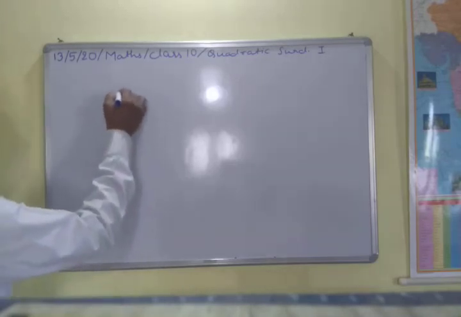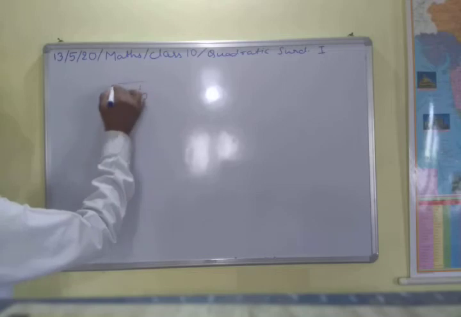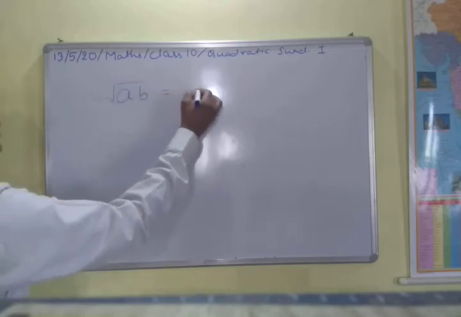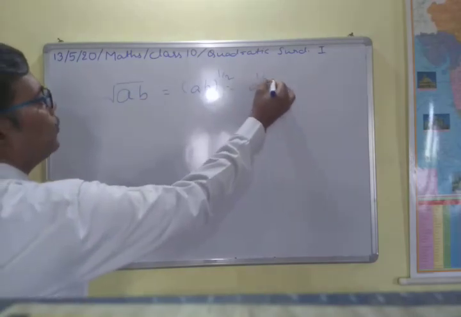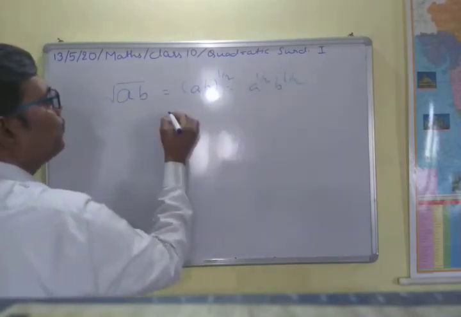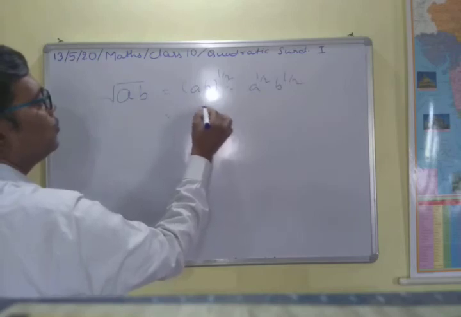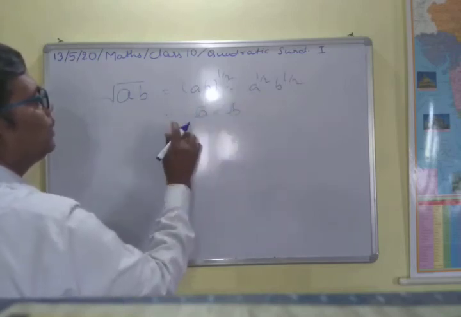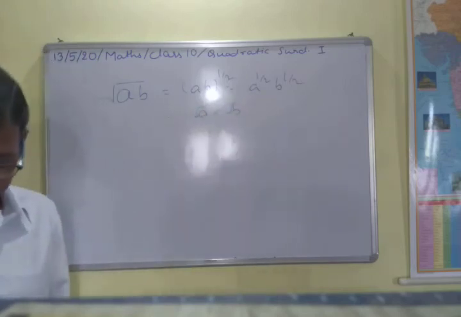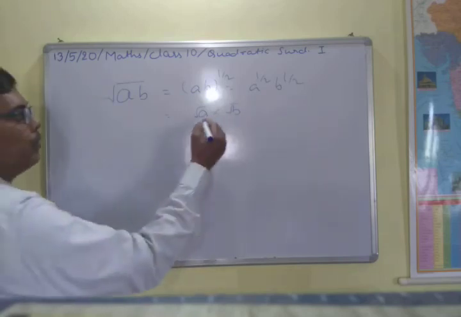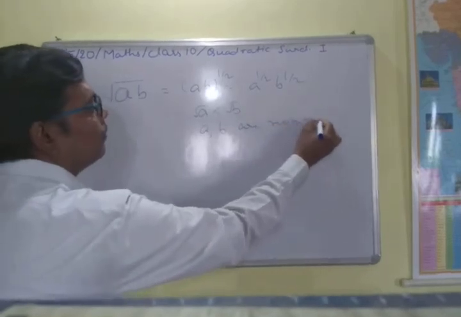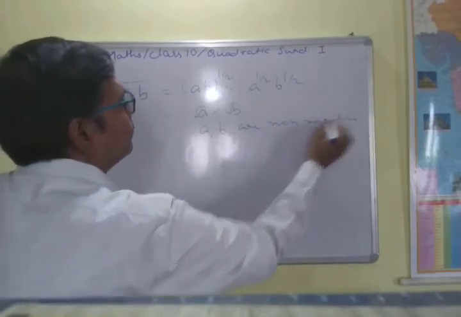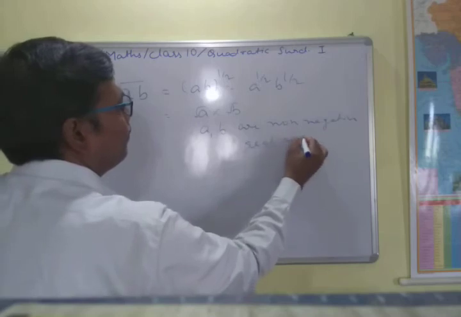If you write AB to the power root, then it will be written as AB to the power 1 by 2 equal to A to the power 1 by 2 and B to the power 1 by 2, equal to, again, root A into root B. Here A and B are non-negative real numbers.